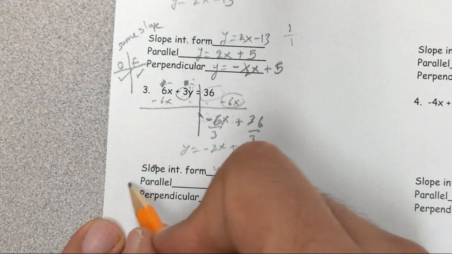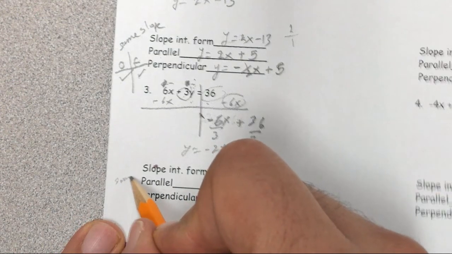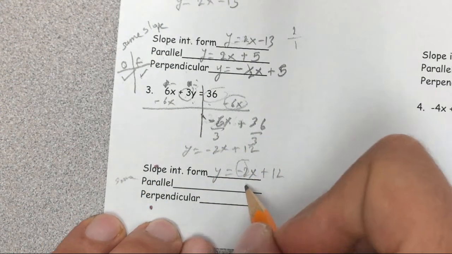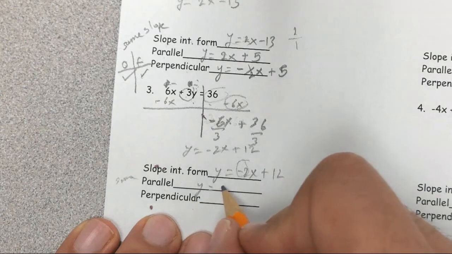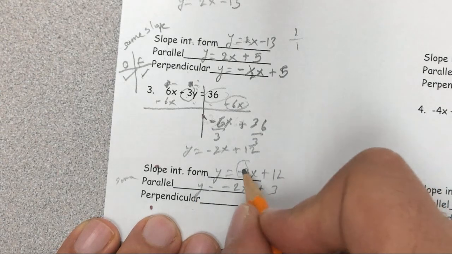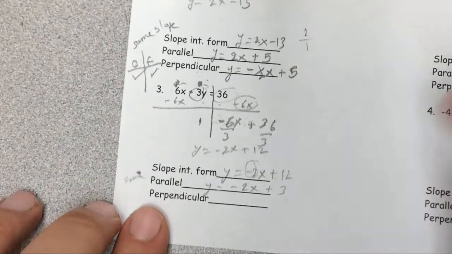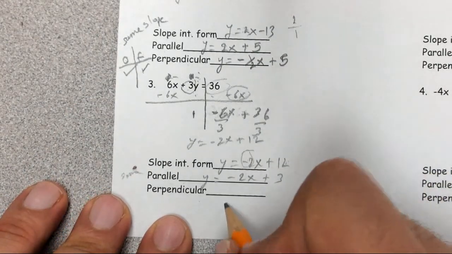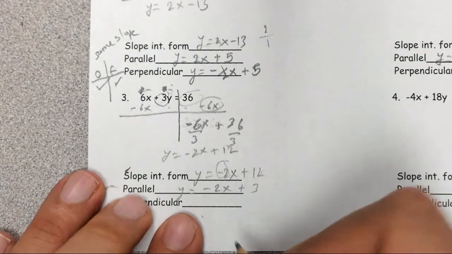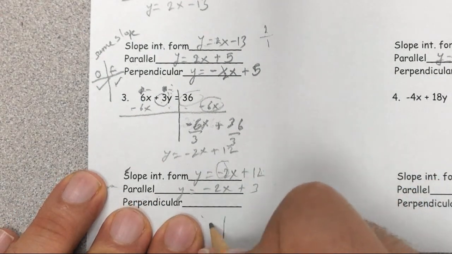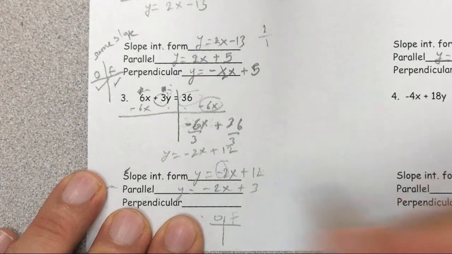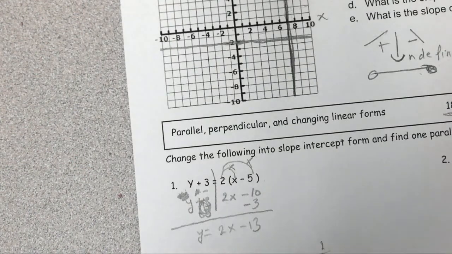Parallel, I can eyeball it. Parallel means same slope. So I need to use the same slope. This number right here. Same one. So this is the same, this is not. Perpendicular, I can't eyeball that one. That one I'm going to need to use the table.